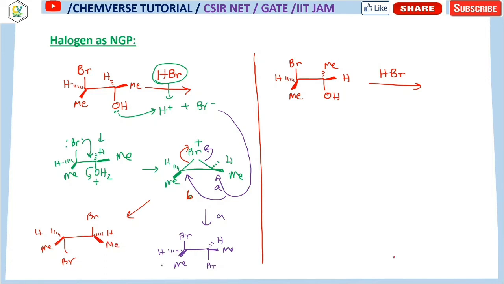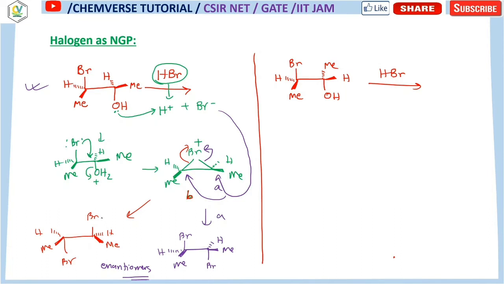Okay. Well, these two are not the same product. These are nothing but enantiomers. Okay, we will discuss this example in our stereochemistry lecture series. There you will find how to determine which one is an enantiomer or a diastereomer.